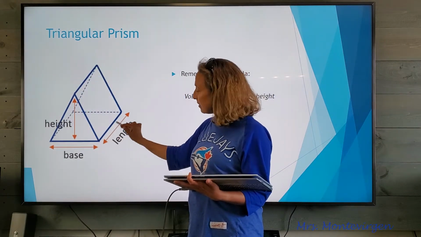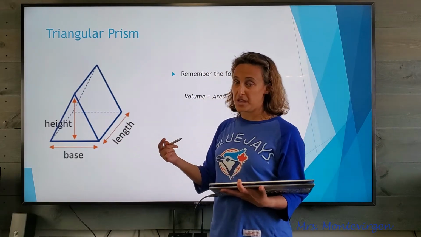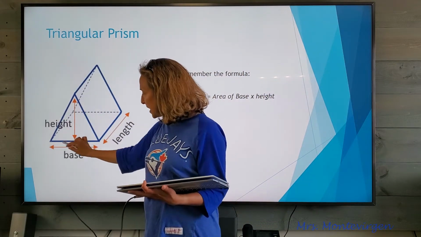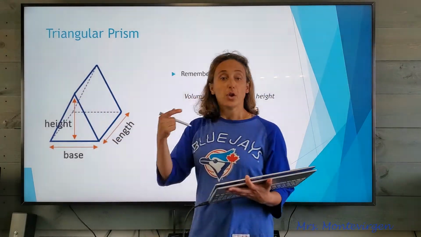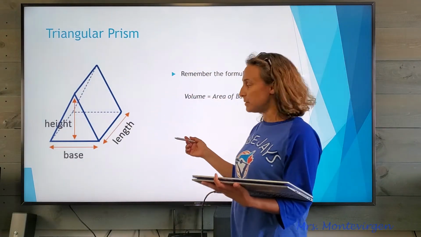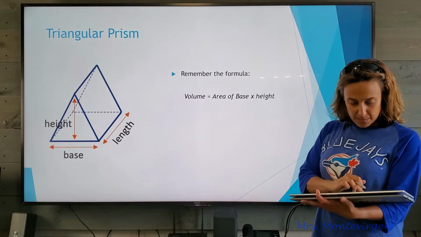And the height is usually indicated by the measurement that will be given to you. All you have to do is figure out the area of that triangle. You already know how to figure out the area of a triangle, and you just multiply it by the height of the whole prism. It's as simple as that.